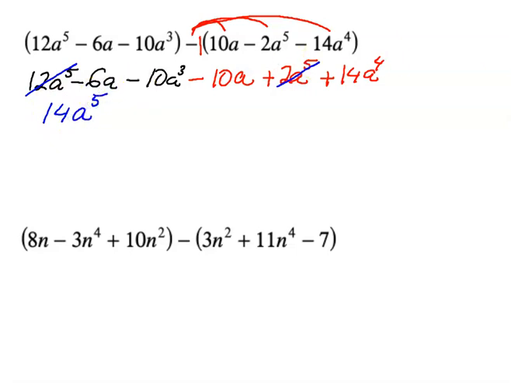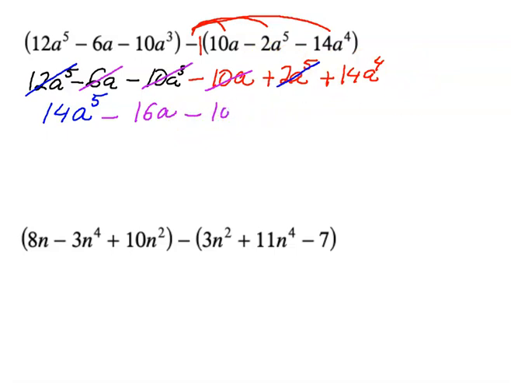Okay, then I have negative 6a, and I'm looking for terms that don't have an exponent. So negative 6a minus 10a is negative 16a. And now we have negative 10a cubed. There are no more a cubed terms, so I'm just going to write down negative 10a cubed.